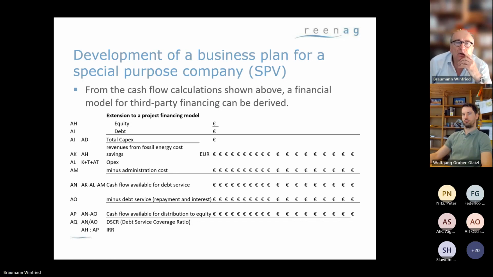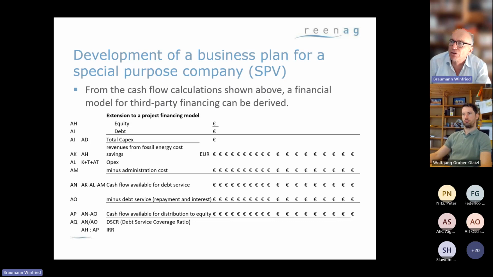What we would need to have here in order to arrive at a business model would be the financial structure.